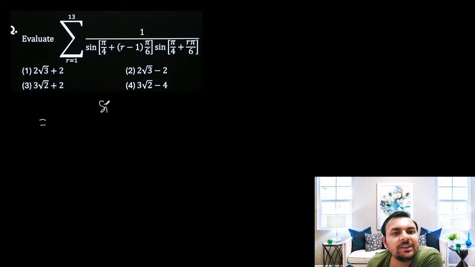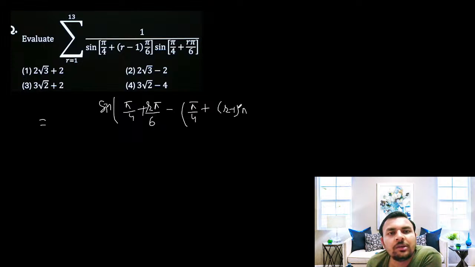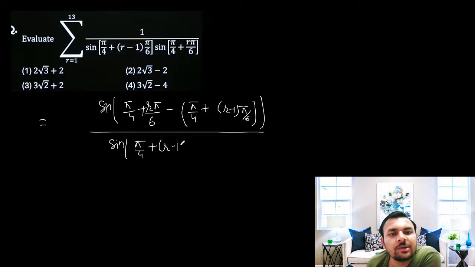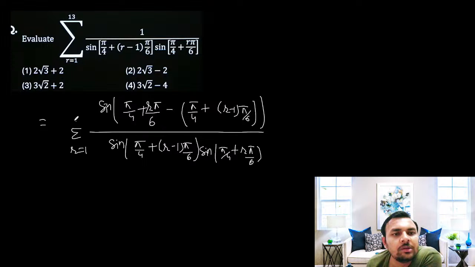So we'll write sine of (pi by 4 plus r pi by 6 minus pi by 4 plus (r minus 1) pi by 6) upon sine (pi by 4 plus (r minus 1) pi by 6) sine (pi by 4 plus r pi by 6), summation r equal to 1 to 13.